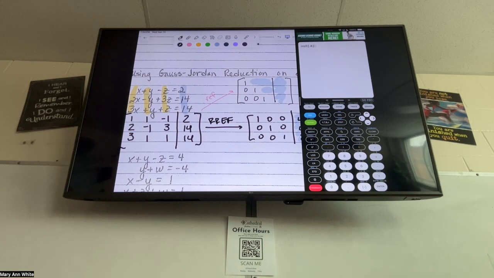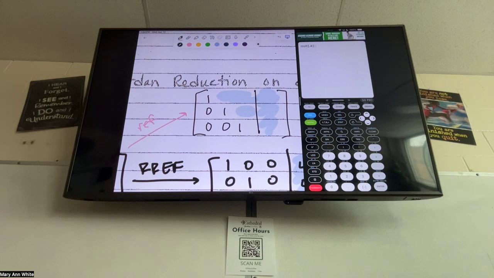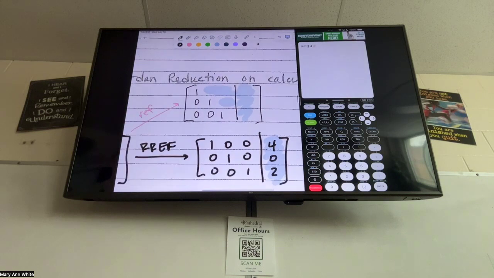Can anyone tell me what they got when they did just the REF? Let's do a fraction. Let's do math and we'll put it in fraction form. That'll make it a little bit easier. So your first one was 1, and then you had 1/3.